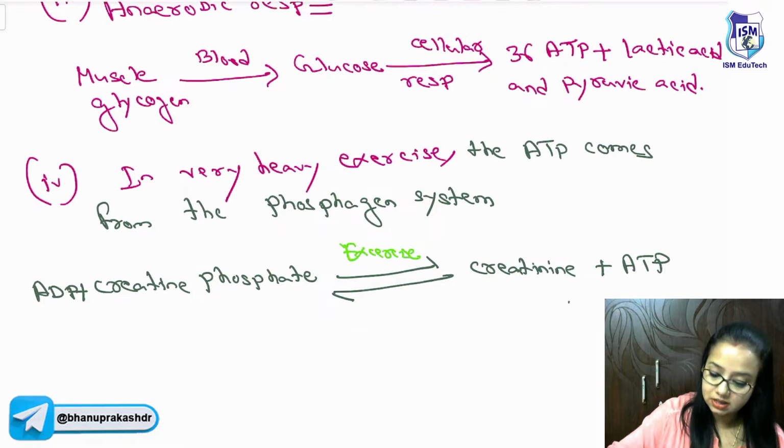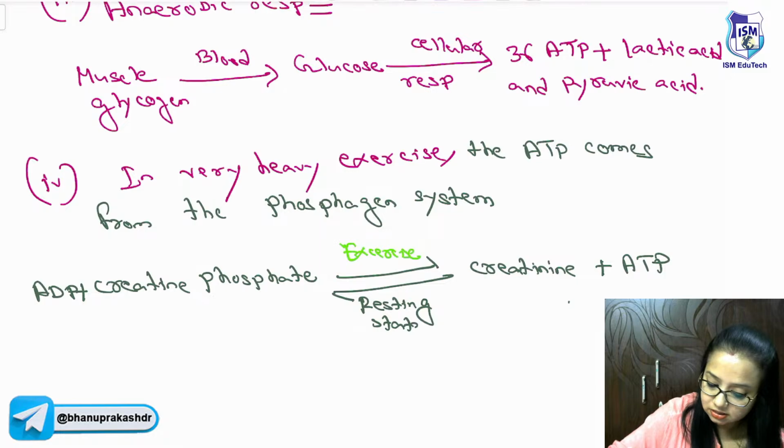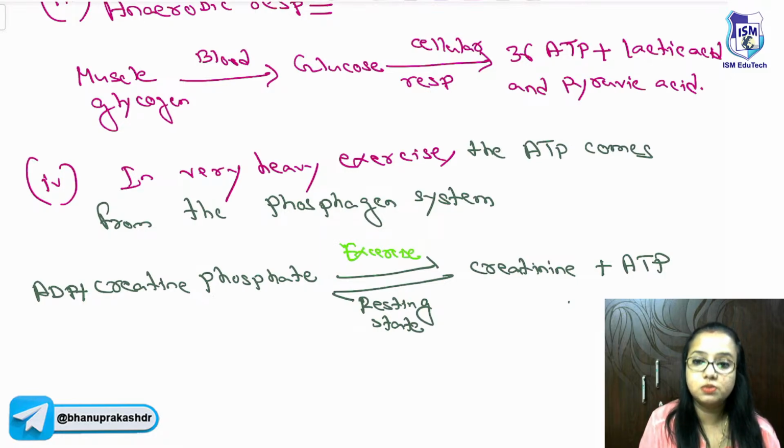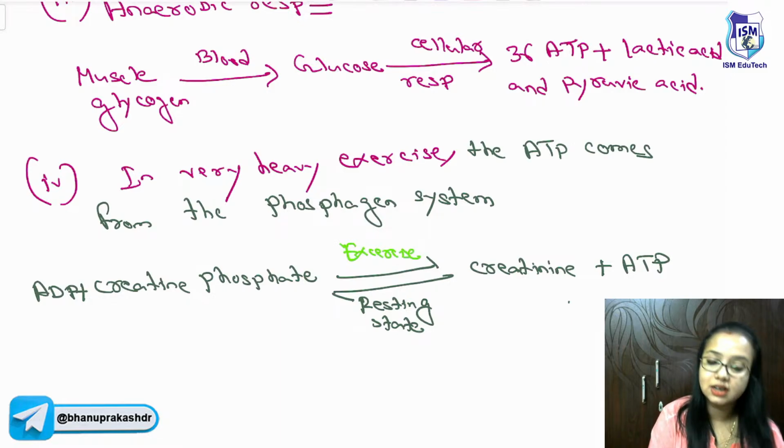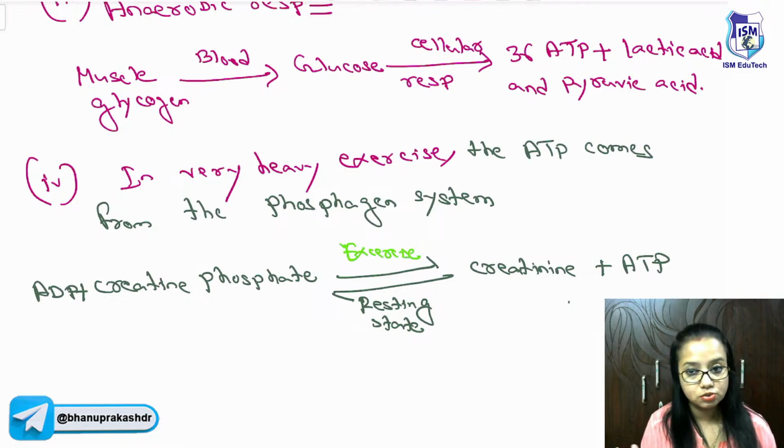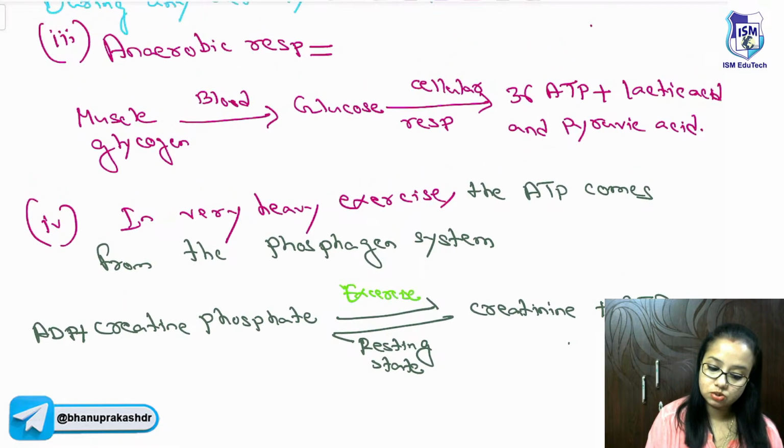Again, the same thing in resting state follows the opposite system. The creatine and the ATP in resting state combine together and are stored again as creatine phosphate in the muscle for further use. Okay, these are the various sources of energy.